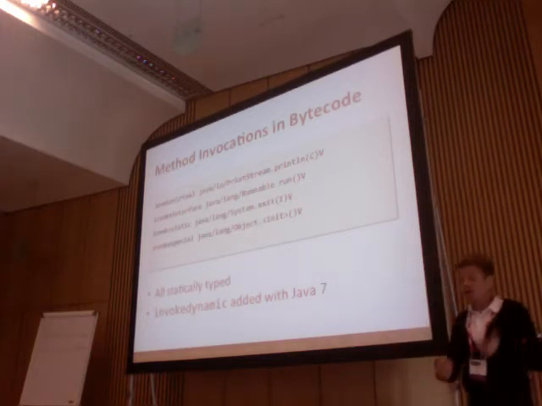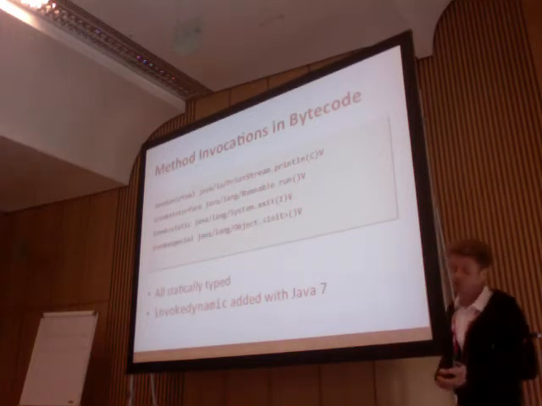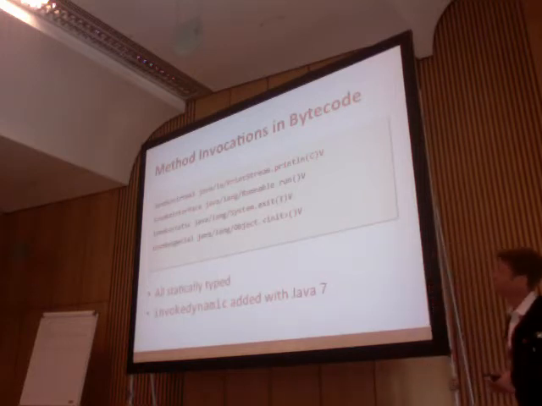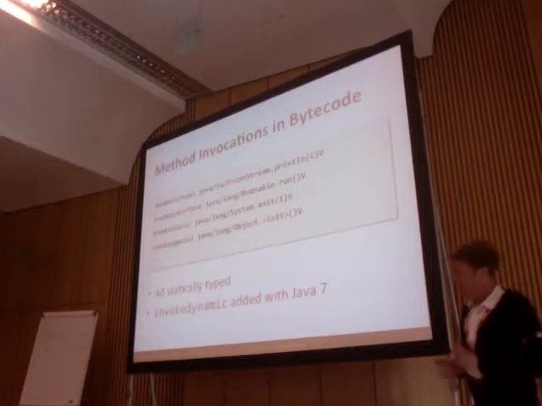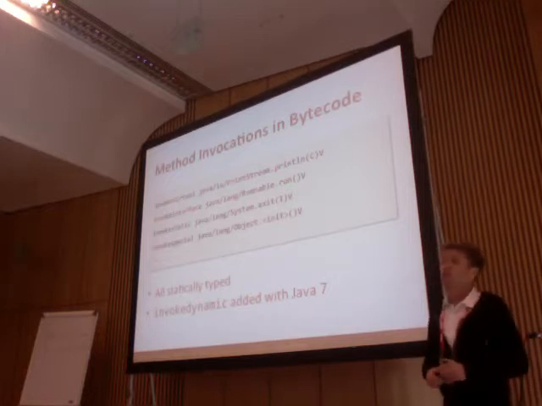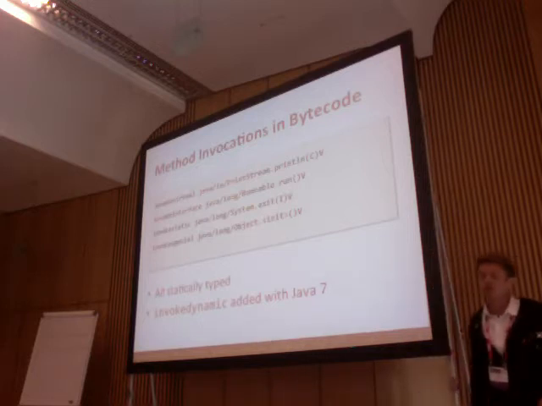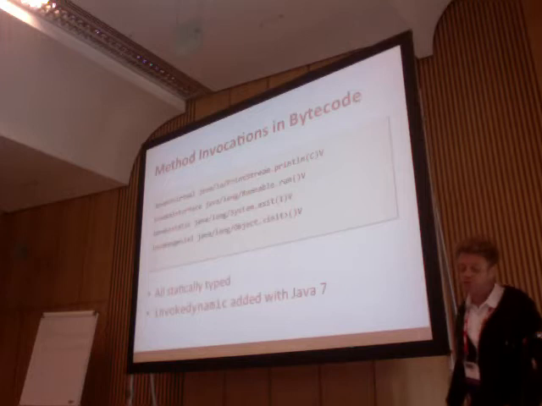We can call static methods; the opcode is called invokestatic, like System.exit. And invokespecial is reserved for special methods like constructors, which are also methods within the Java bytecode, like the init method or the clinit, class init, the static initializer of classes. Those are invoked with invokespecial.